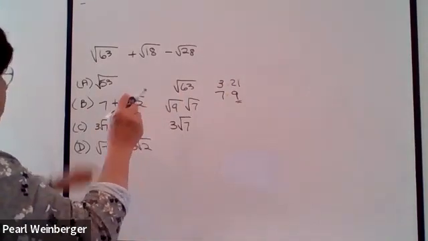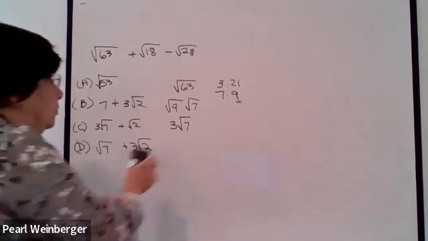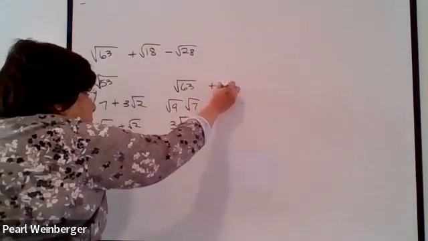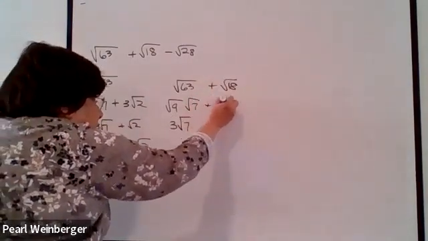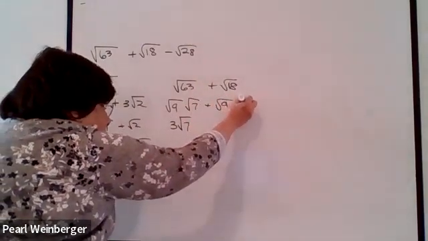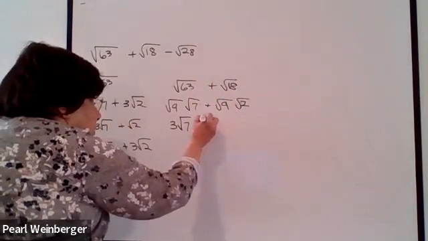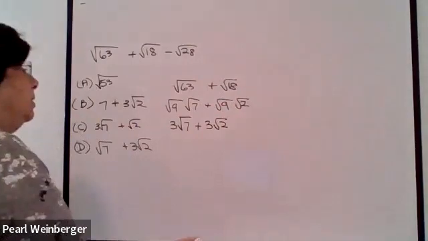Now, that's the 63. Now let's go to the 18. The square root of 18, well, 18 is obviously 9 times 2. So that we can break up into the square root of 9, which is 3, times the square root of 2.